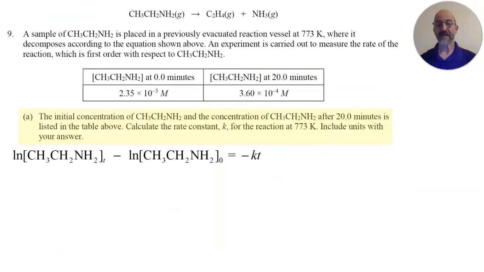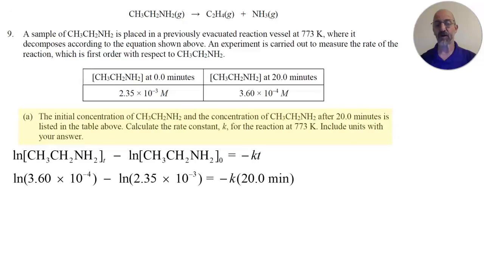All right, so this is how I set up that equation. I put in to my equation the concentration at time 0 of 2.35 times 10 to the negative 3 moles per liter. So that's my concentration at time 0. And then I put the concentration at 20 minutes as 3.60 times 10 to the negative 4. And since the time is 20 minutes, I put that in for t.